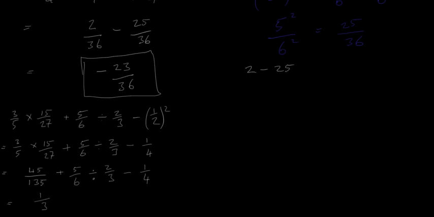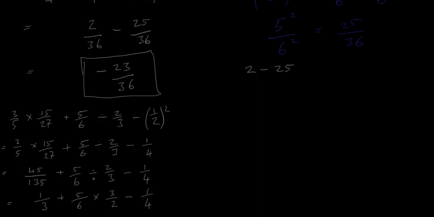Okay, so that's fine. Now, I see I have a division here, so I'm just going to take that division. I have a 5 over 6 here, and the way we divide is we take the second fraction, which is 2 over 3, we flip it upside down, so it becomes 3 over 2, and we change the division to multiply.